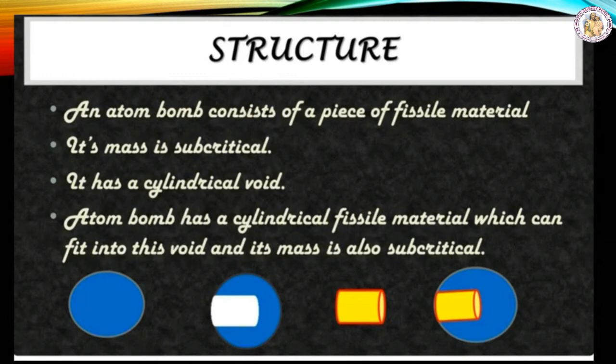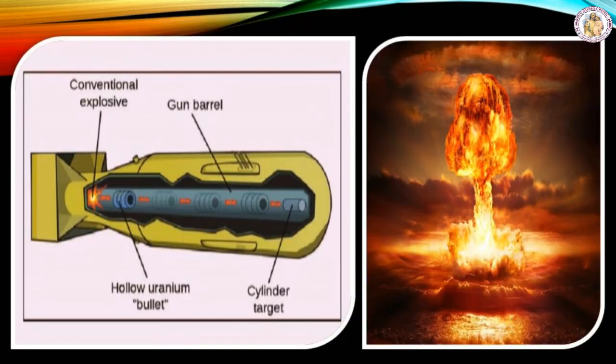First it is subcritical. After the fissile material is injected into that cylindrical void, it becomes a supercritical mass, which leads to an explosion. The structure of an atom bomb is shown in the figure. Let's see the figure: conventional explosion, hollow uranium bullet, gun barrel, cylinder, target.